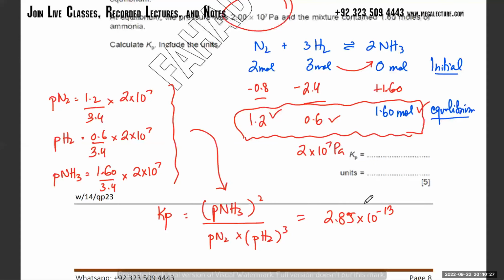So Hunaid, did you get this value? About to, sir. I'm plugging in the values into the equations. Okay. And the unit is Pascal's -2, right?